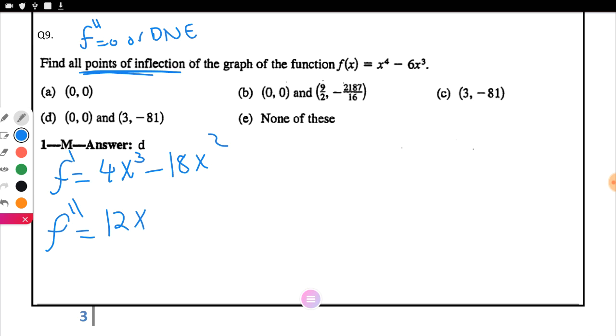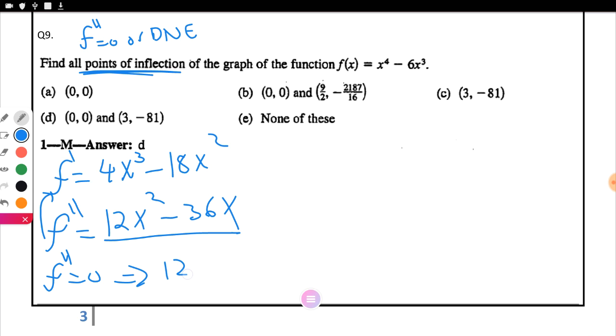I find the second derivative by differentiating, or finding the derivative of, the first derivative. Set the second derivative equal to what? 0, since our function is a polynomial function.